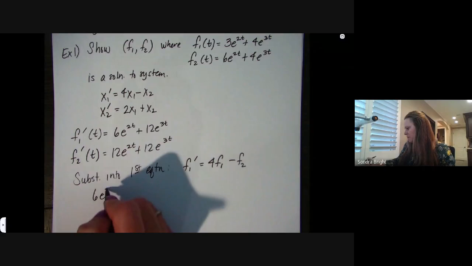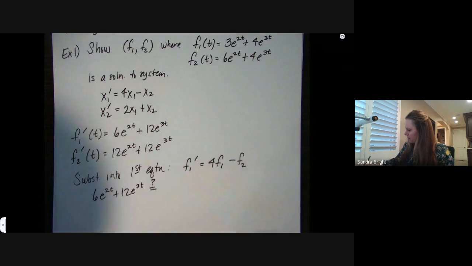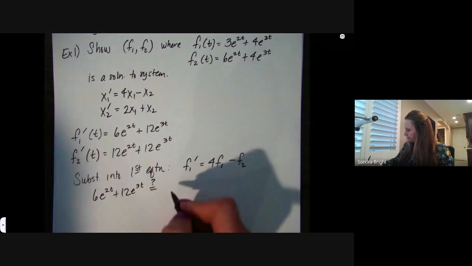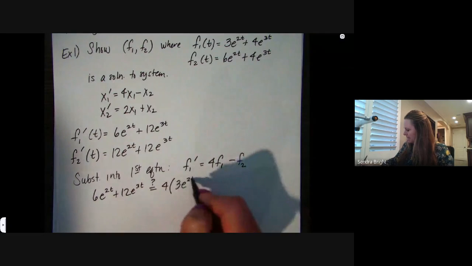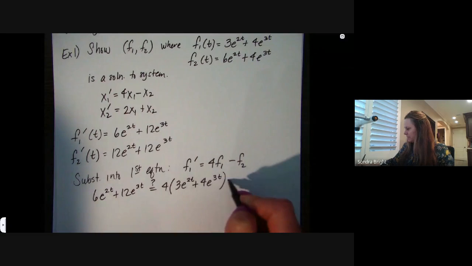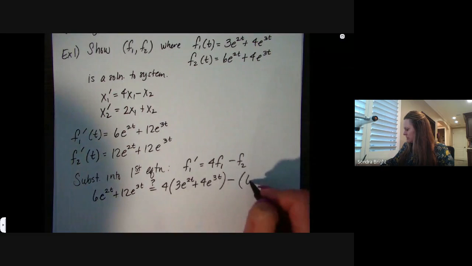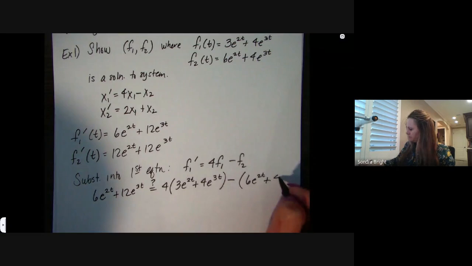We want to confirm, is this equal to 4 times f1 minus f2? I made sure to put parentheses in there because remember, you're subtracting the whole thing, and so this negative gets distributed to both.